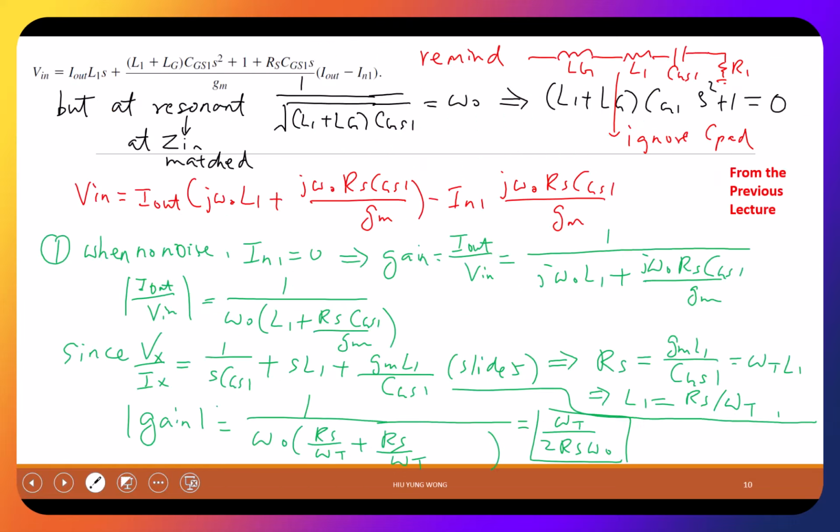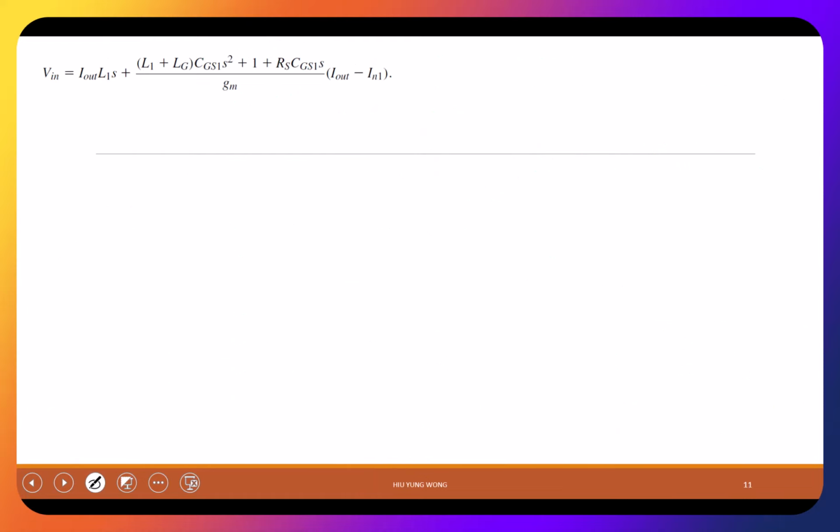So now we're going to make V in equal to 0. So consider noise only. In this case, V in equal to 0, right? With V in equal to 0, I just need to play with the equation. Actually, this one got cancelled already.